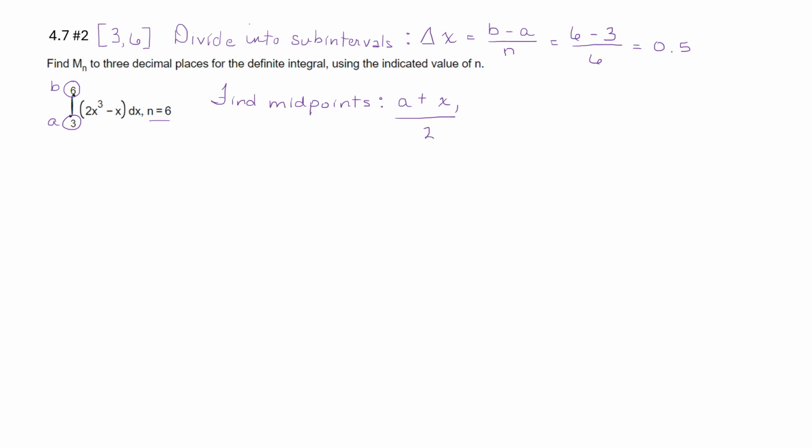All right, now that brings it to what is our x sub 1? Our x sub 1 is equal to the very first endpoint, which is 3, plus the 0.5 we just came up with.